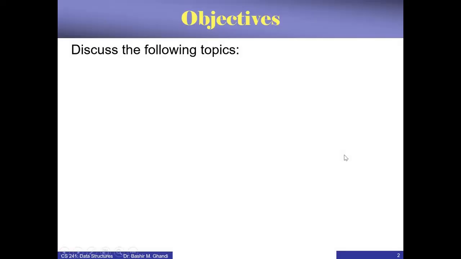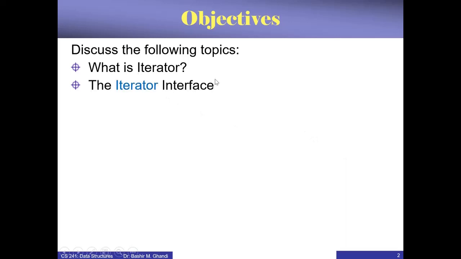So this is the outline of the lecture. First, we will understand what is an iterator, and then what is the iterator interface. So here, what is an iterator? Iterator as an object, what is it? What does it do? And then we look at the iterator interface.